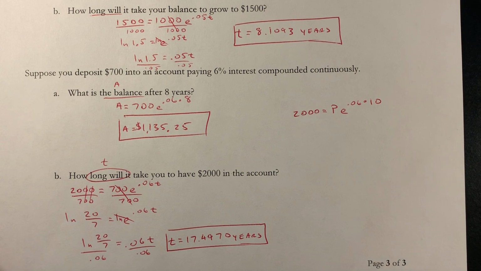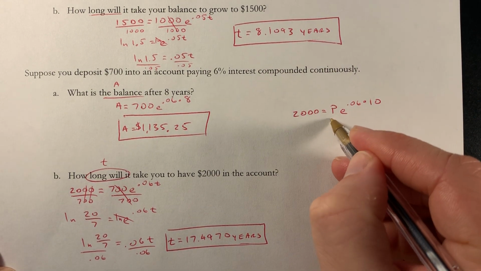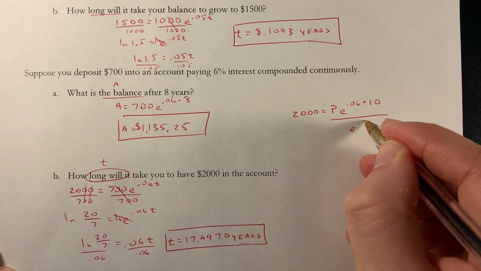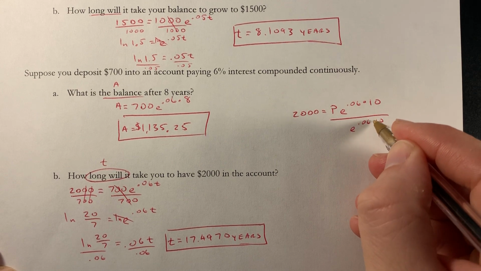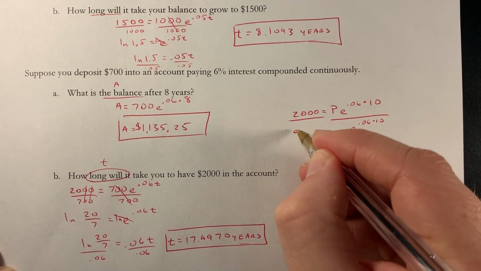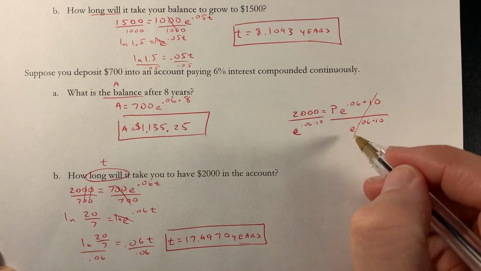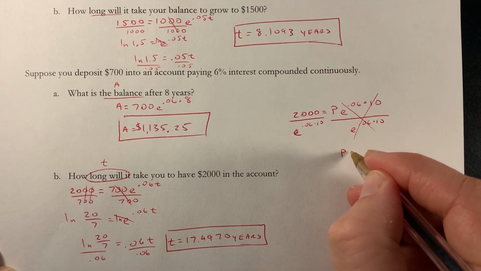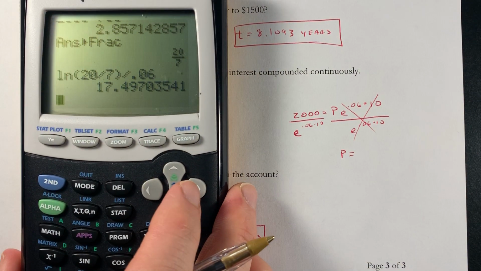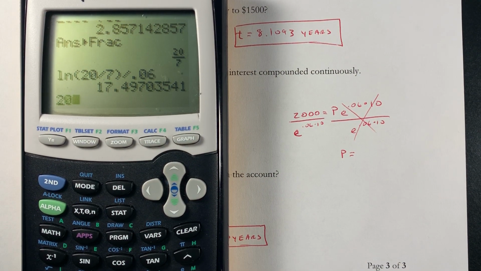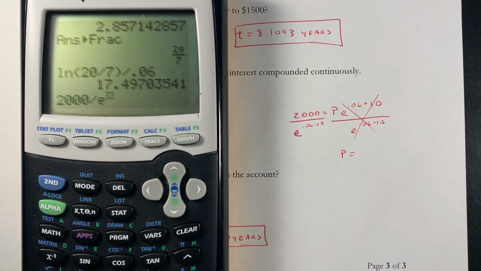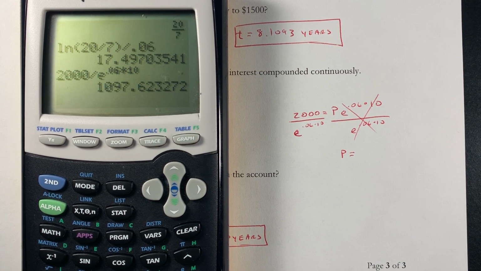And we can solve this in one step by dividing by e to the 0.06 times 10 power. So 2,000 divided by e to the 0.06 times 10 power.